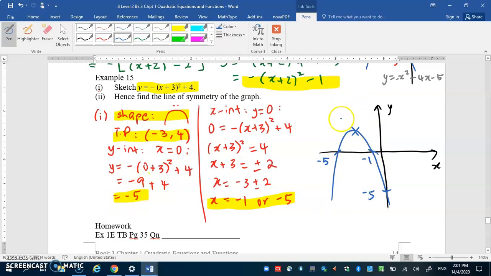And my maximum point or the turning point is at negative 3, 4. My y is positive, but my x is negative, so that's why it's negative 3. Alright, draw the line of symmetry. It should be x equals negative 3. This is the equation of the line of symmetry, and the curve has this equation, y equals negative (x plus 3) squared plus 4.